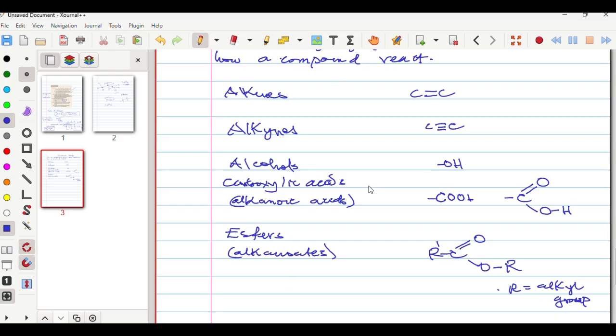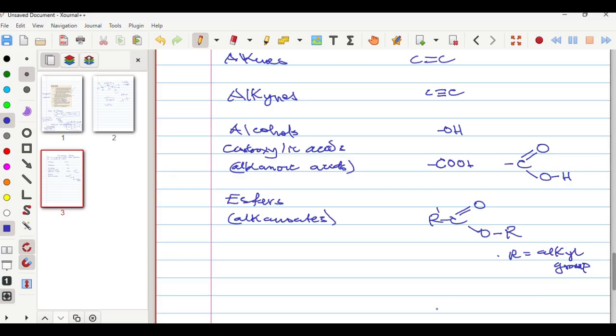Before we move to another functional group, can you give me the chemical formula of the smallest alkyl group? Alkyl, A-L-K-Y-L.